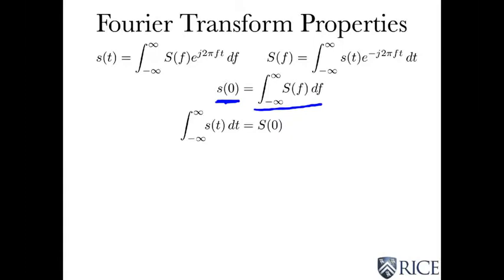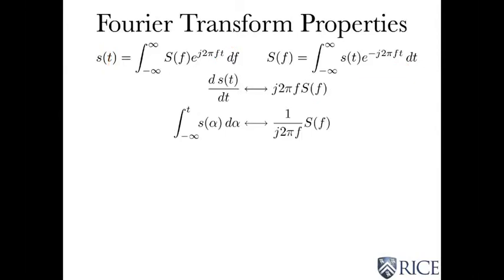The way to see that is to take this formula and just replace t by 0. Well, the complex exponential of 0 is just 1, and so you're just left with the integral. That's pretty easy to see. And of course, use the same thing over here and just replace f with 0. So the value of the spectrum at the origin is equal to the integral of the signal.